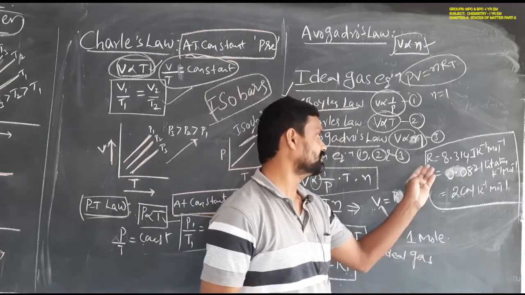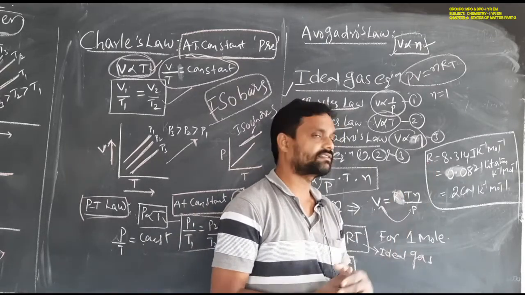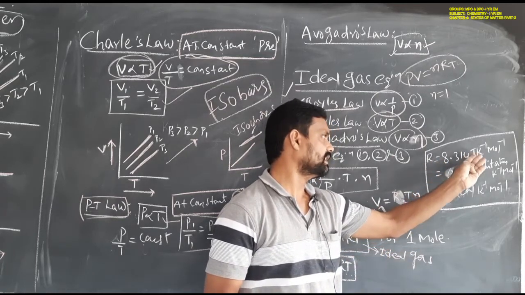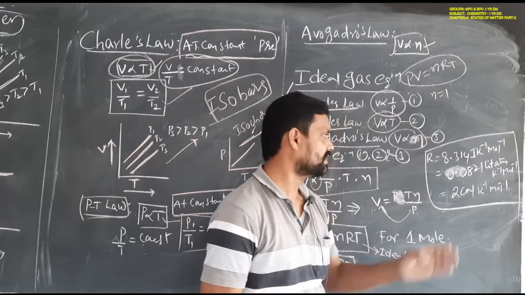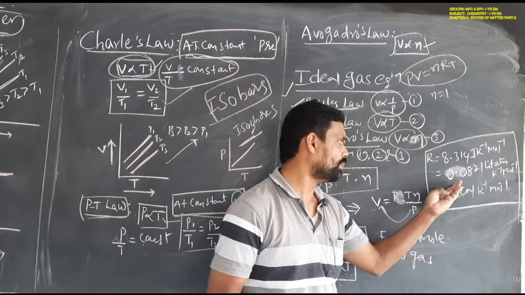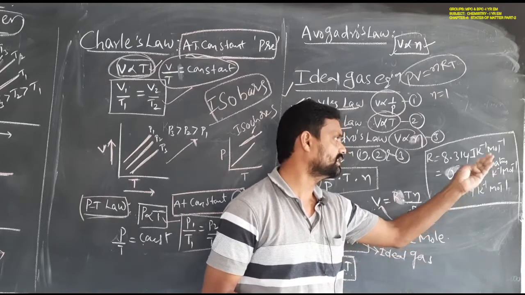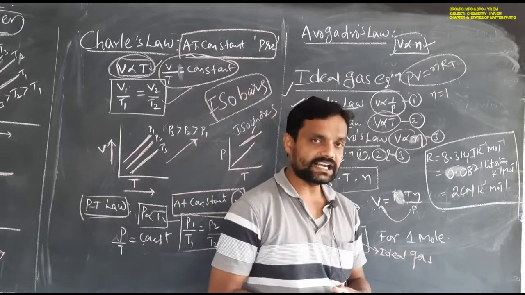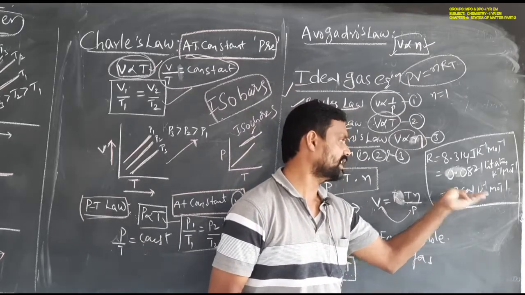For example, the universal gas constant R is 8.314 joule per Kelvin per mole in joules. In liter atmosphere, it is 0.0821 liter atmosphere per Kelvin per mole. In calories, it is approximately 2 calories.